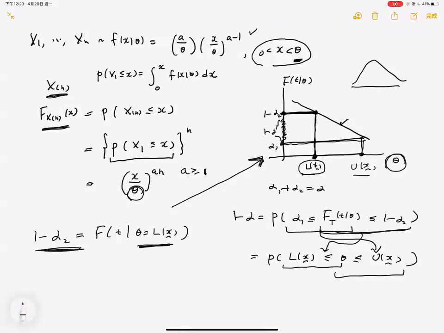So writing this shouldn't be hard to see. If you really want to find the lower bound right here, we can write it later. If you want to write it right here, alpha 1 equals what? The function value right here, which means you have to make theta equal to the upper bound.